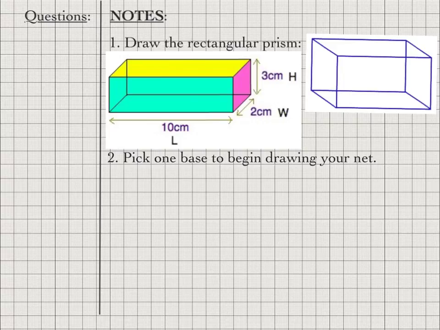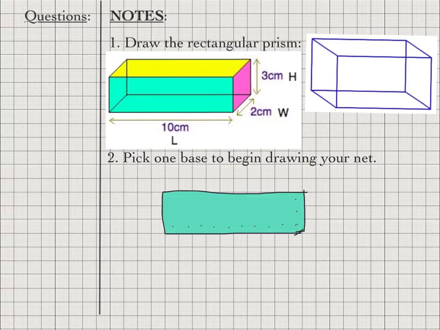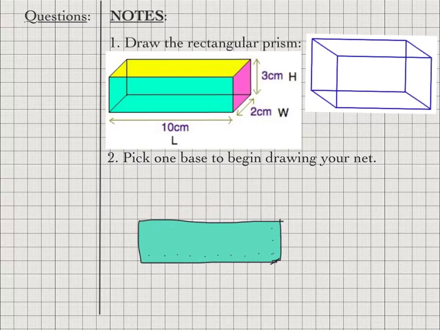I'm going to draw a rectangle that is 10 centimeters long by 3 centimeters tall. I'm going to double check that by counting 1, 2, 3, 4, 5, 6, 7, 8, 9, 10. 1, 2, 3. Then I'm going to go ahead and fill in that rectangle with teal so that it looks the same as the one above.